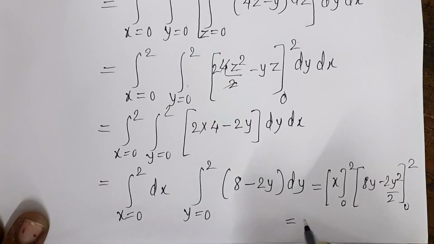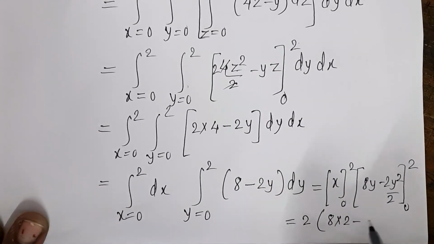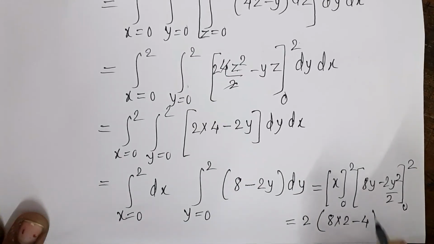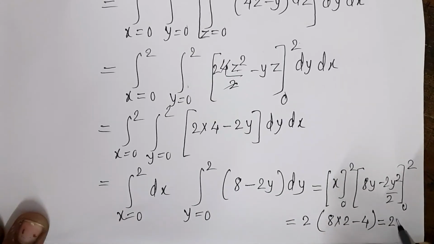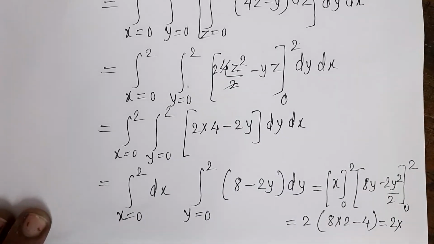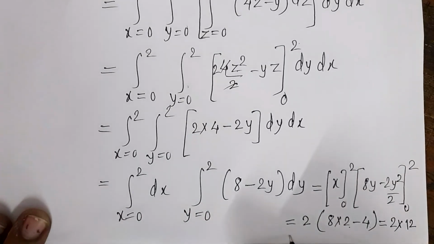So it is 2 multiplied by 8 into 2 minus 4, that is 16 minus 4, which is 12. 2 multiplied by 12, so it is equal to 24.